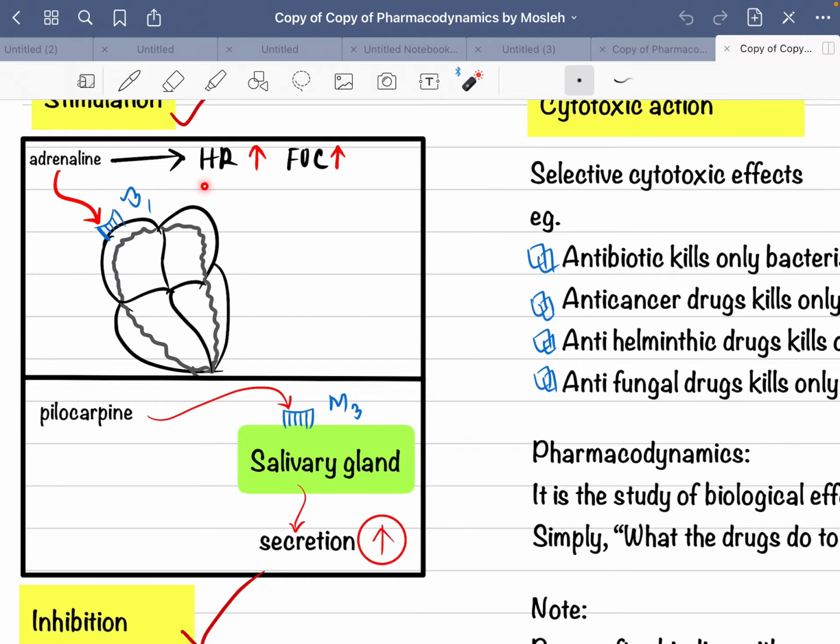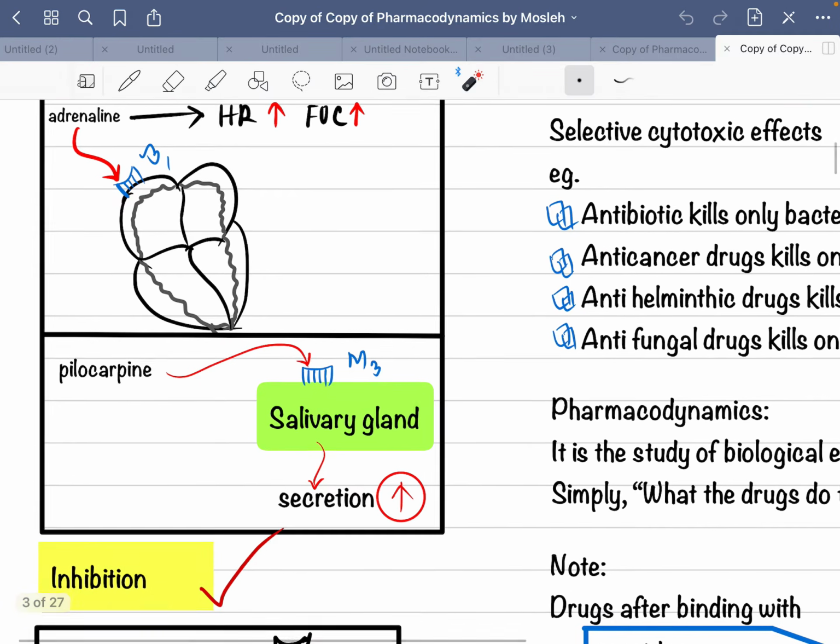Adrenaline will increase the heart rate and the force of contraction, because adrenaline will bind with the beta 1 receptor of the heart and stimulate the heart to contract forcefully. That means adrenaline is just increasing the normal function of the heart. Okay, so it is a stimulatory action.